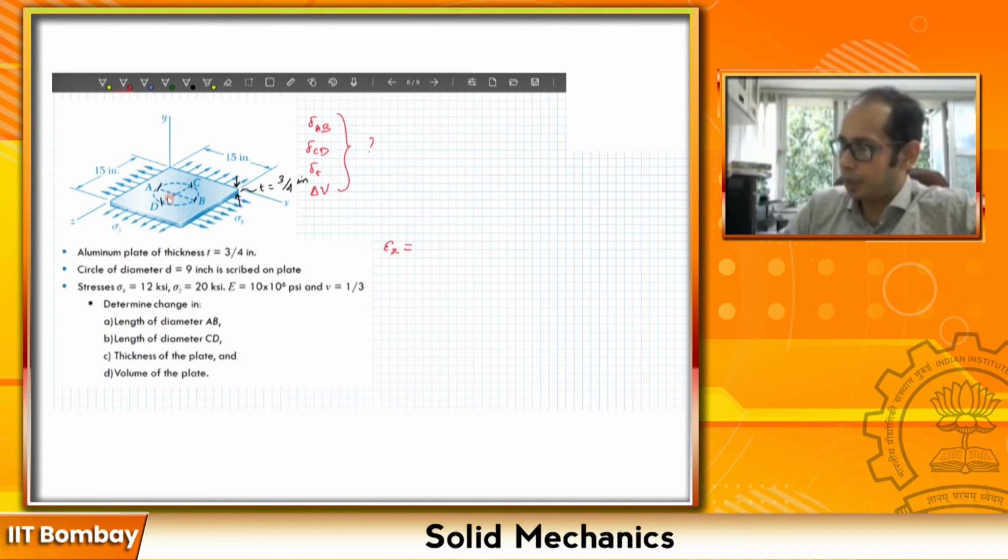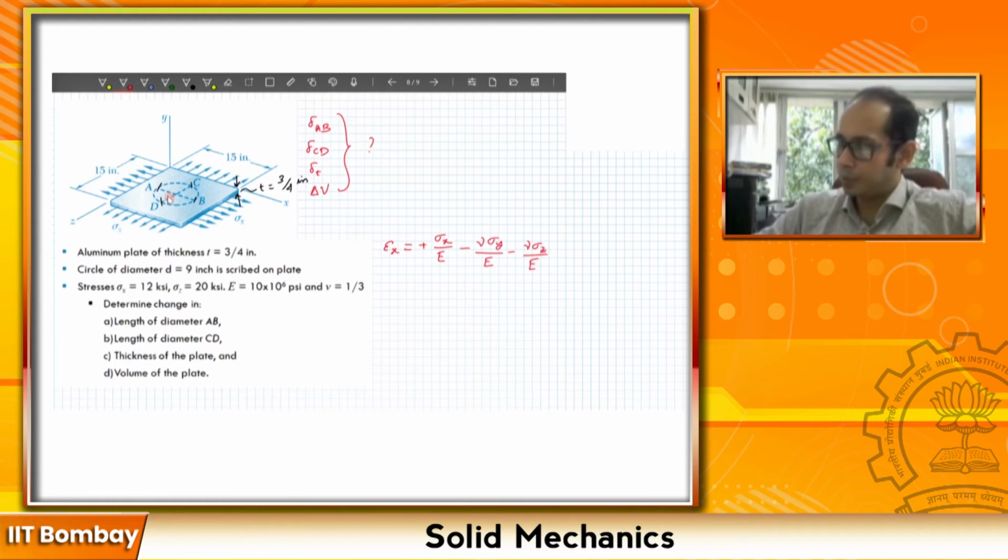My epsilon x is nothing but positive sigma x by E, minus nu sigma y by E, minus nu sigma z by E. Once I have written out this formulation, I can easily substitute the numbers given to me to calculate my epsilon x.